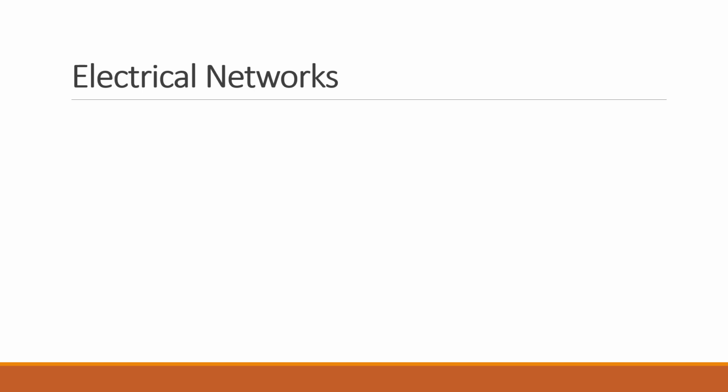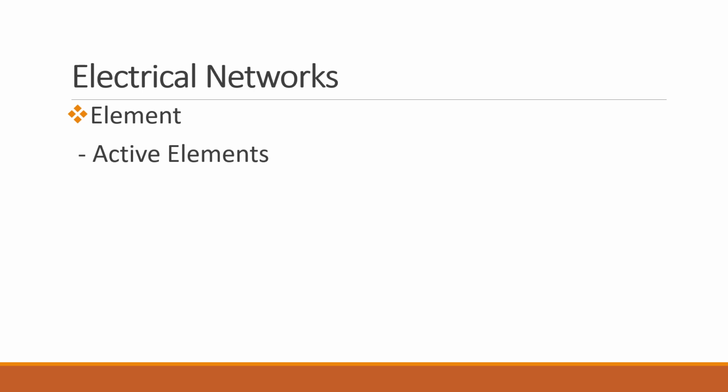Now, what are elements? The electrical component or part in the branch is called an element of the circuit. There are two types of elements. First type is active elements.